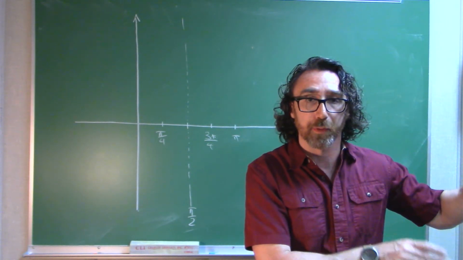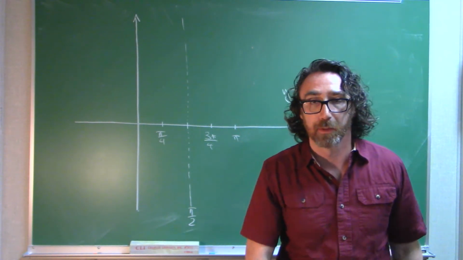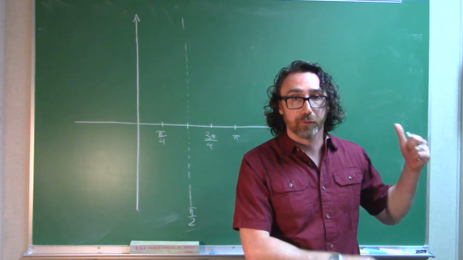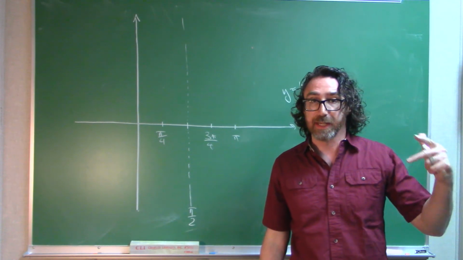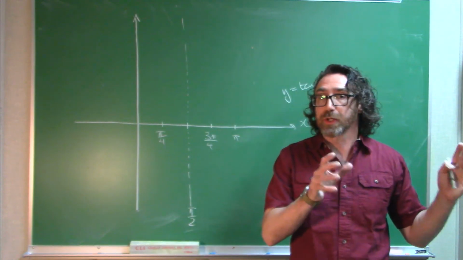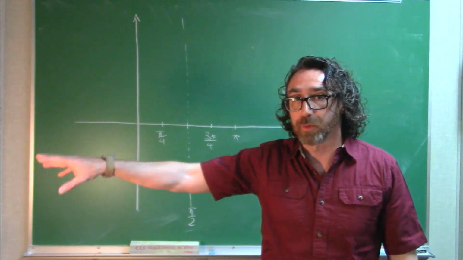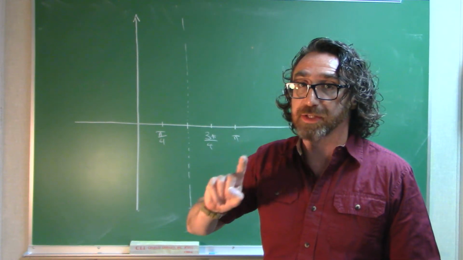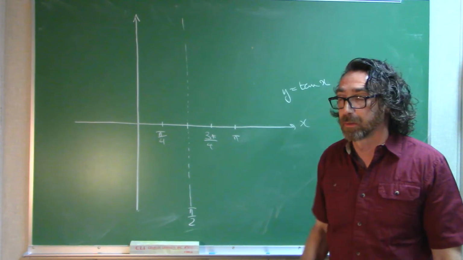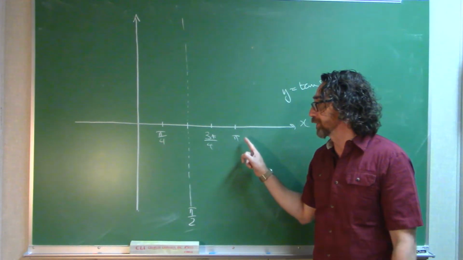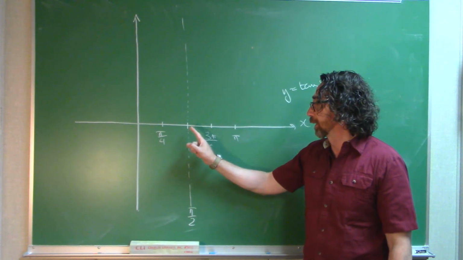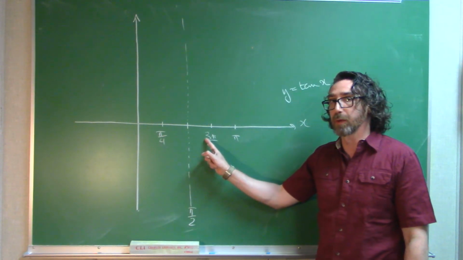Those are our anchor points for those functions, because those functions have period 2 pi. But if you look back in that last video that we posted, the tangent function has period pi. So our key points here are going to be pi over 4, pi over 2, 3 pi over 4, and pi.